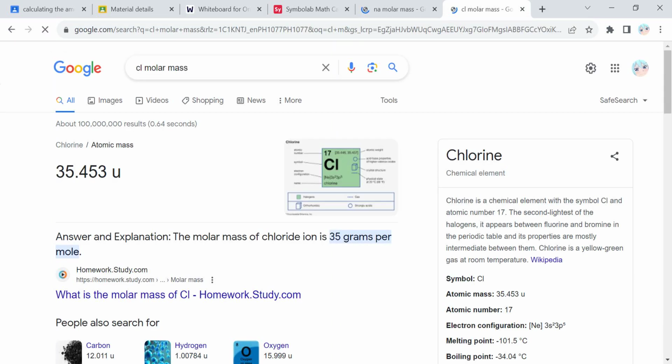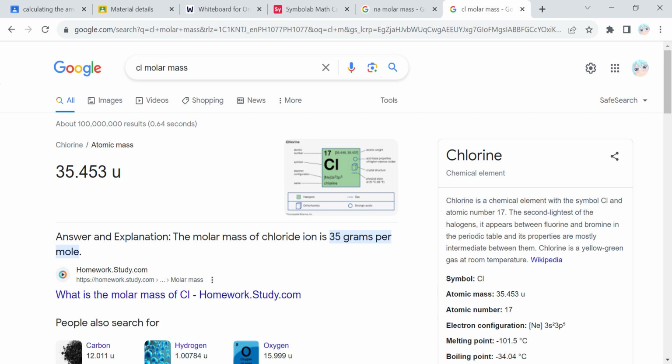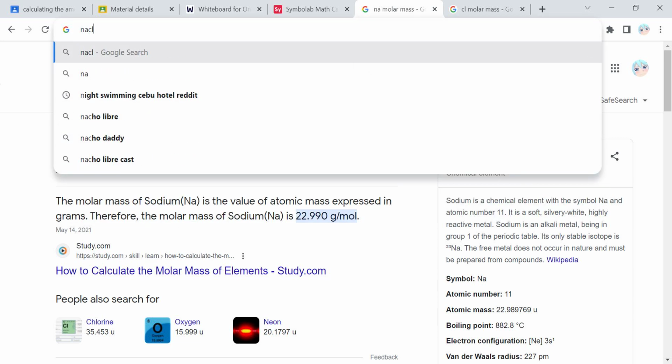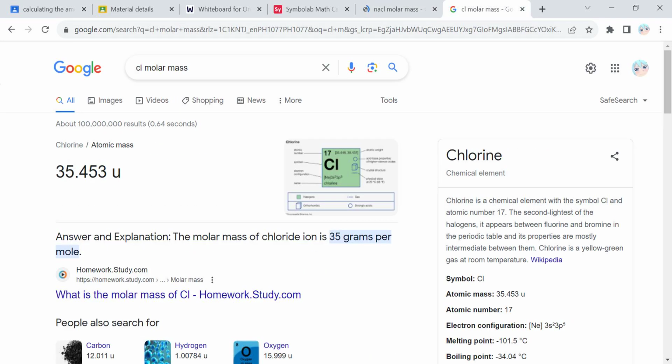Basically 35.4. Basically, we just have to add this. Let's round this off to 23 plus 35.453. I think that should be somewhere around 58. It's actually 58.44.